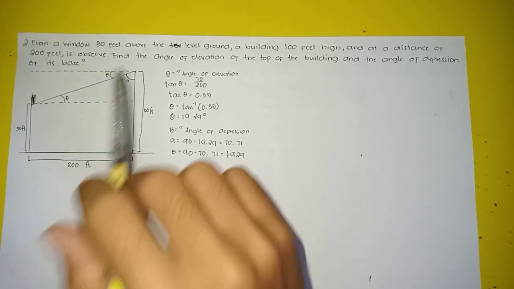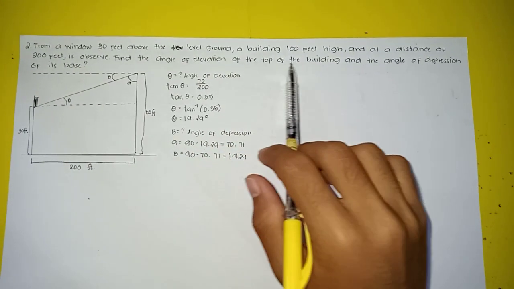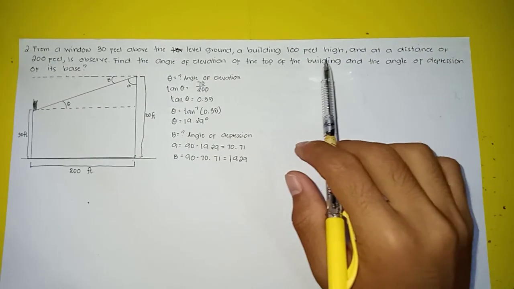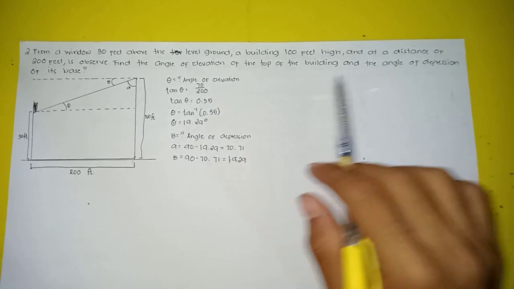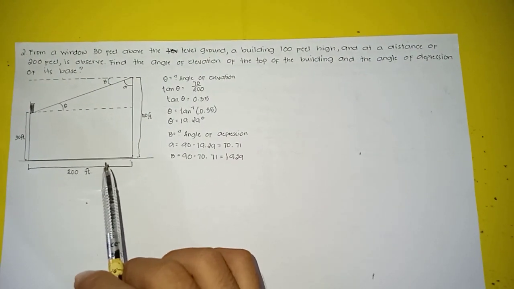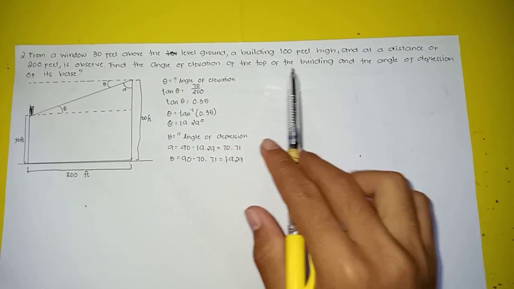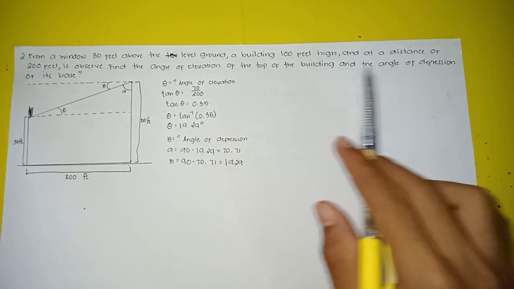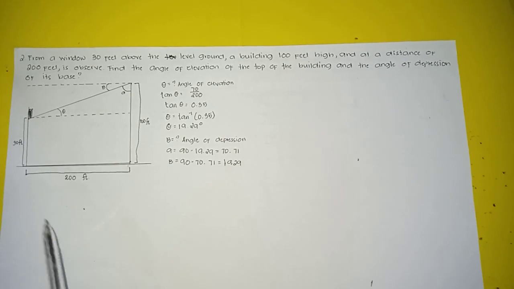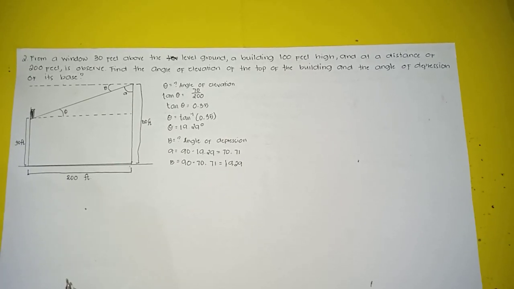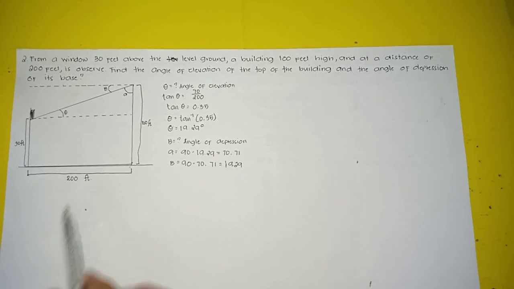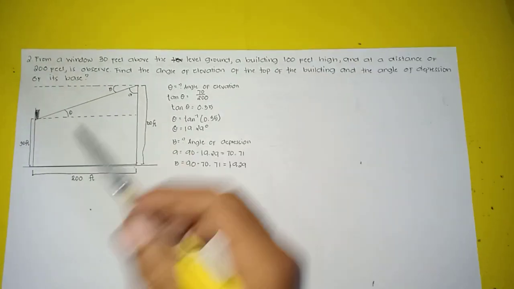From a window 30 feet above the level ground, a building 100 feet high and at a distance of 200 feet is observed. Find the angle of elevation of the top of the building and the angle of depression of its base. So first we will illustrate the problem.